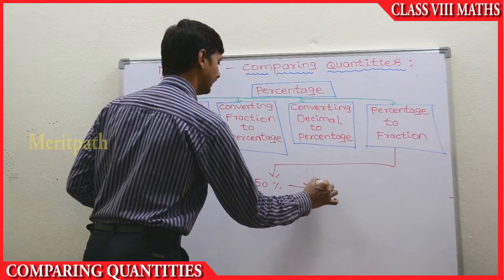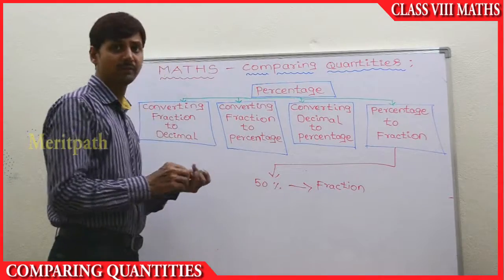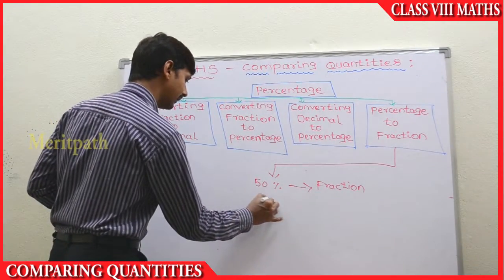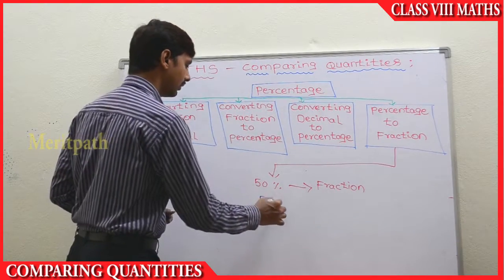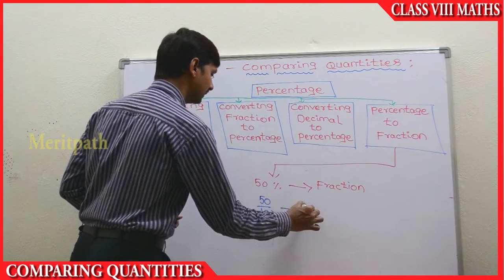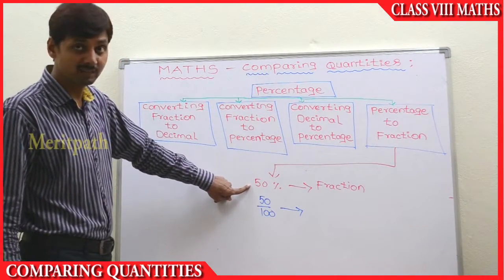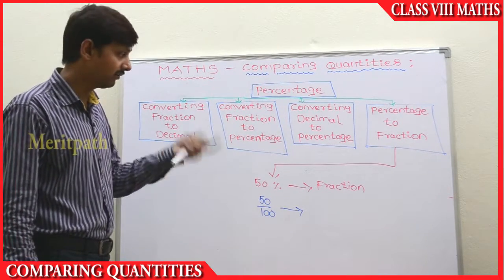We know a percentage is calculated out of 100, so 50 by 100. When we take the percentage out of 100, it automatically becomes a fraction.